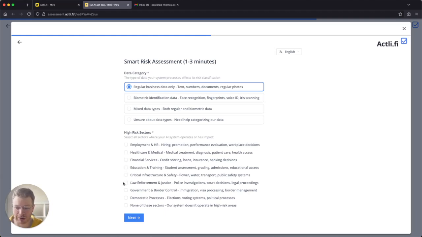If your system operates in law enforcement, select this one. In government and border control, select this one. And if your system operates in democratic processes, select this one. If none of the above, just select this one. For this example, I will select just employment and HR.